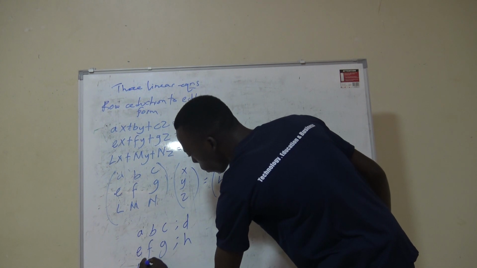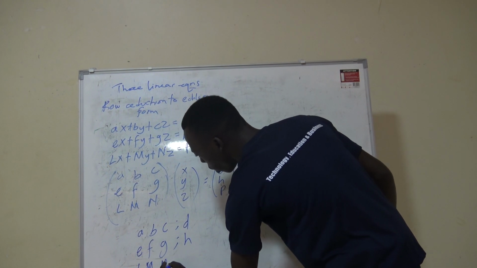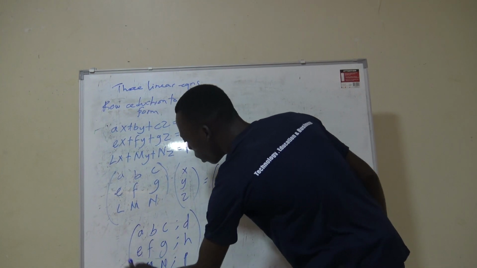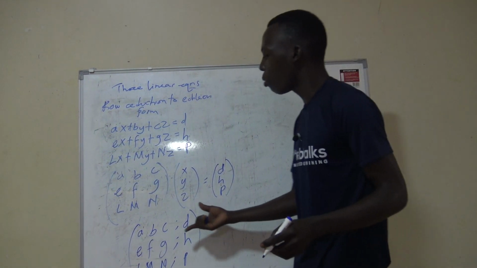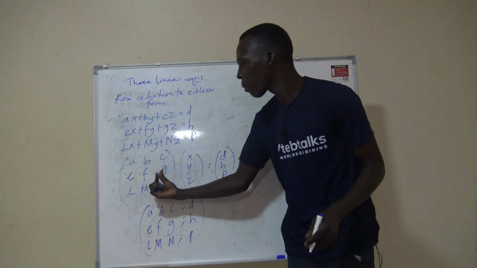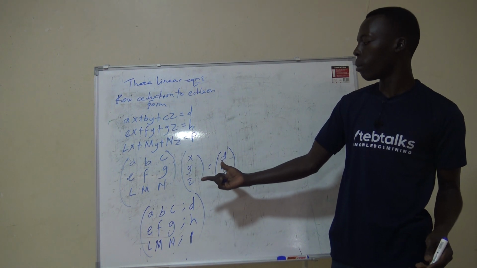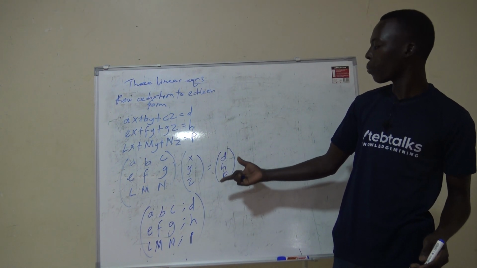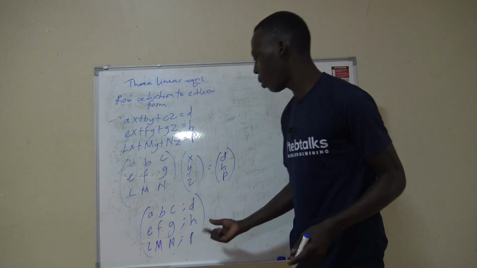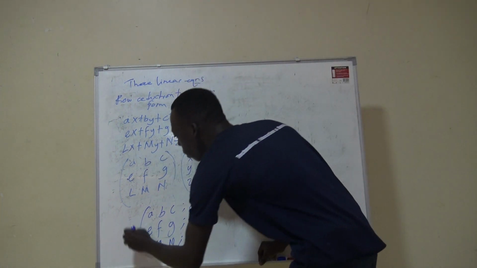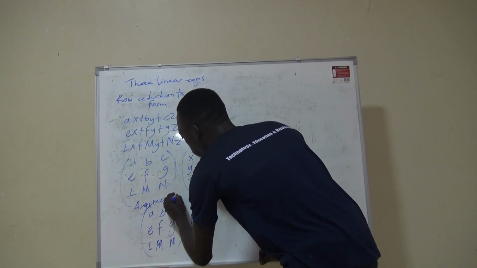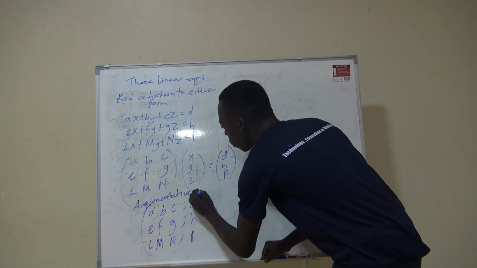Also the other one, l, m, n, semicolon with the p. That is the augmented matrix: the matrix including the constants of the variables, together with the answers in their order. This is what we call the augmented matrix.